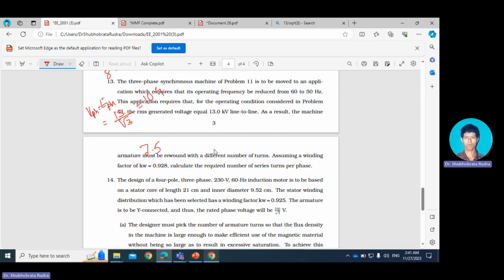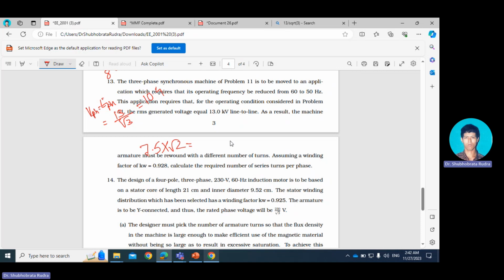Right. Now this 7.5 must be generated. This is the RMS value. Therefore, we should multiply by root 2 to find out the peak value.